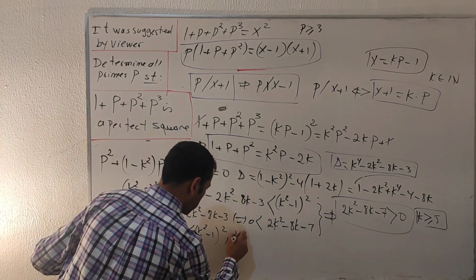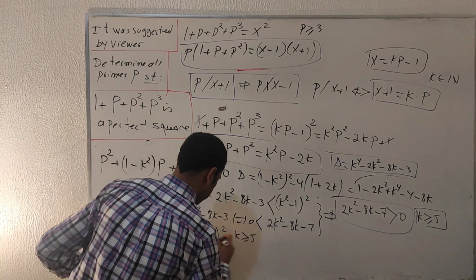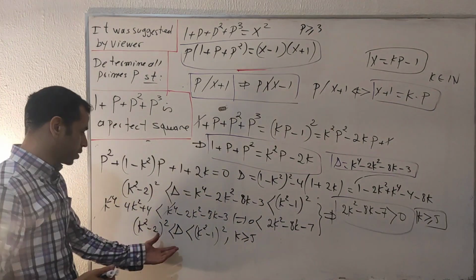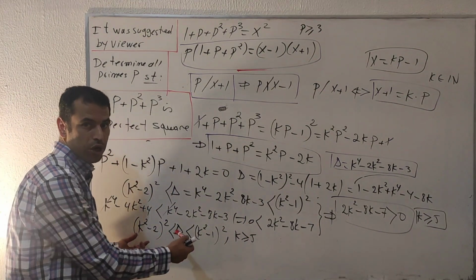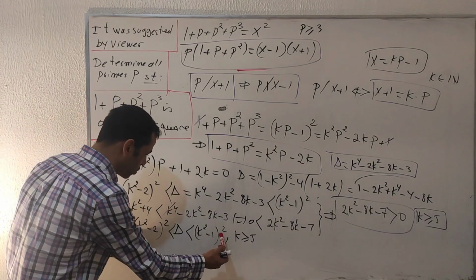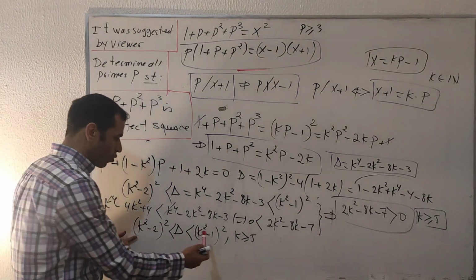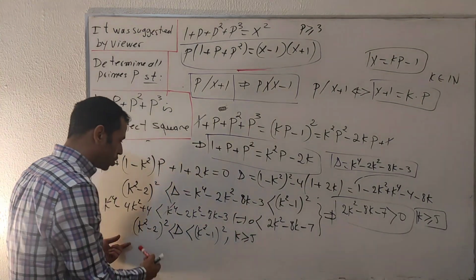The condition is when k is superior or equal to 5. But since delta is situated between two consecutive squares for all k superior or equal to 5, which is impossible.